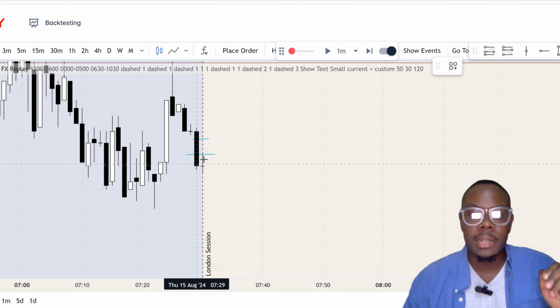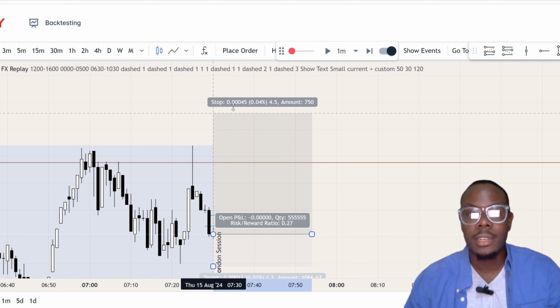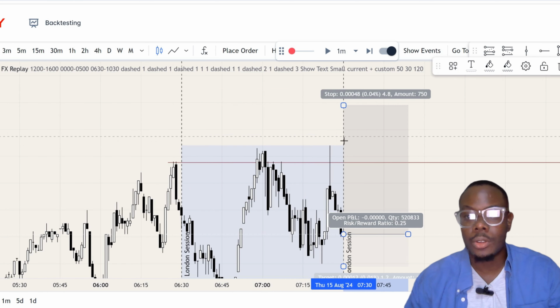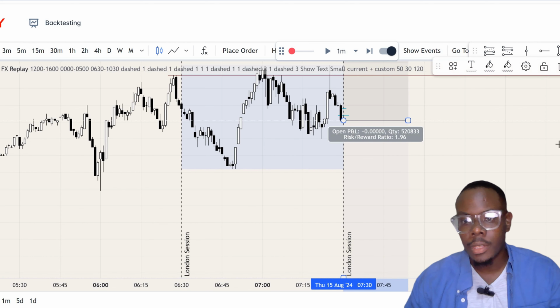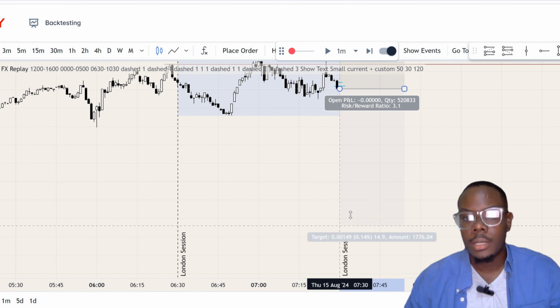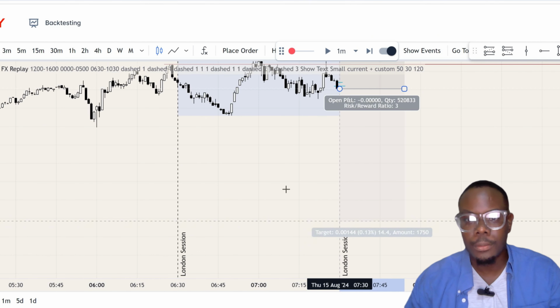Remember, you can either place a limit order for price to come back into the fair value gap and move, or if you like manual executions like I do, you could just enter. Remember, be generous with your stop loss. You can take it to 5 pips if you want. I think that's okay. Yeah, so we go for a 1:3 as per usual.